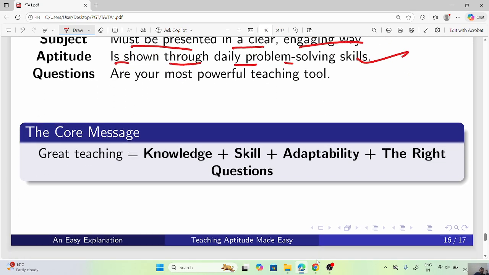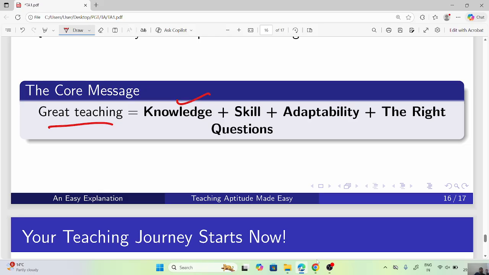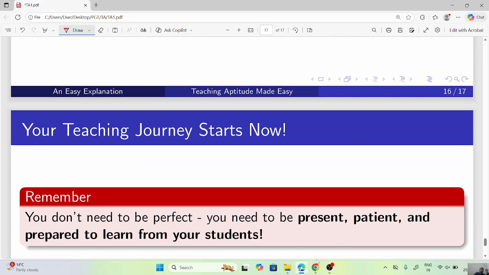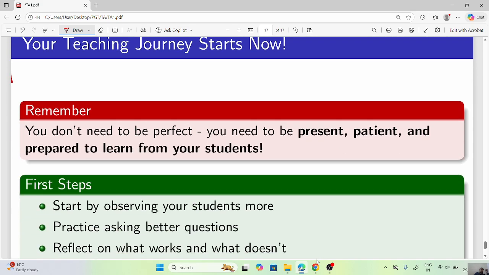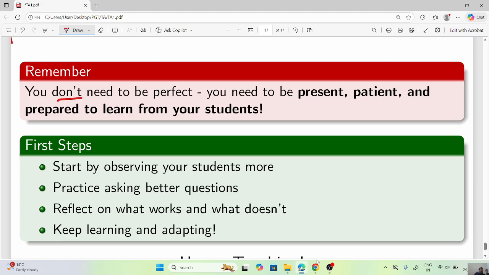After that, the core message: great teaching means knowledge plus skill plus adaptability plus the right question. Your teaching journey starts now. Remember, you don't need to be perfect. You need to be present, patient, and prepared to learn from your students.